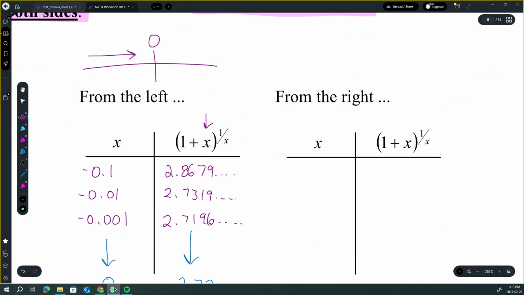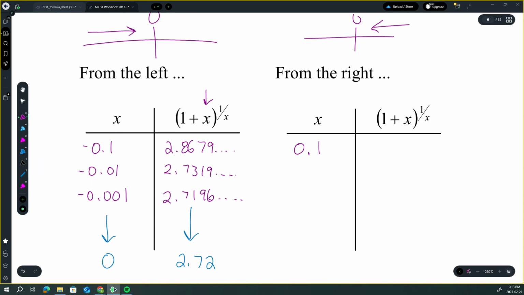So now let's approach 0 from the right-hand side. The numbers that I'm going to choose: 0.1. If I plug that into our f of x, I'm going to get 2.5937.